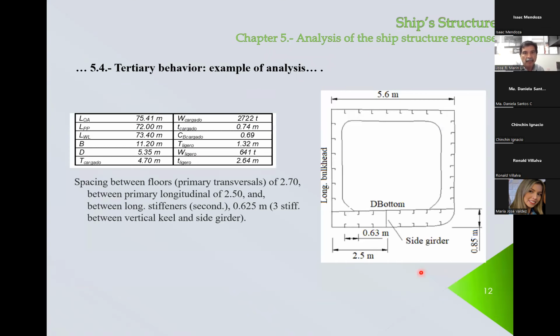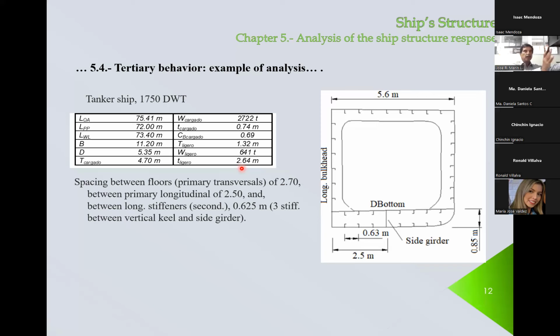Now here I have some information, the spacing between floors. The floors are the primary transversals. If you see from the side of the ship, you have transverse bulkheads, and they are separated, I think it's 10.8.